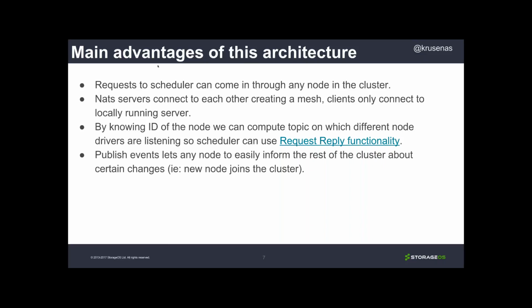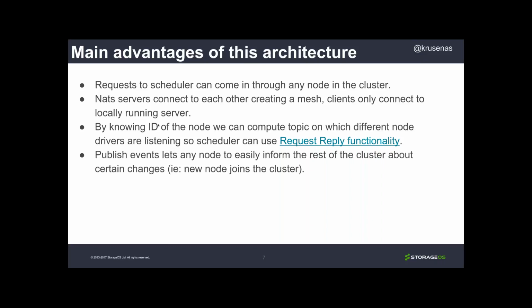So it really simplifies configuration. The workflow is that each node registers to the key-value store. From the key-value store, we get a list of nodes. We supply that list to the NATS servers. They create peers, and the mesh is established, and any client can now talk with any node in the cluster, which is really useful.